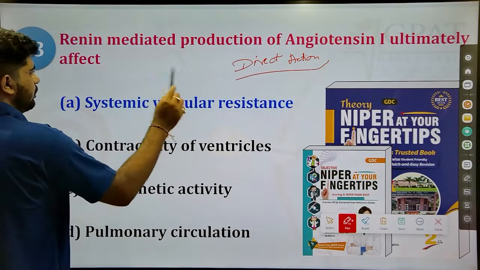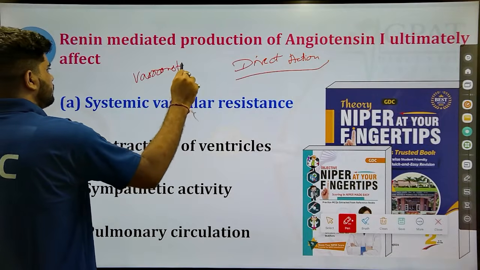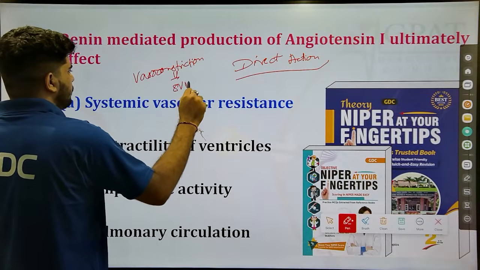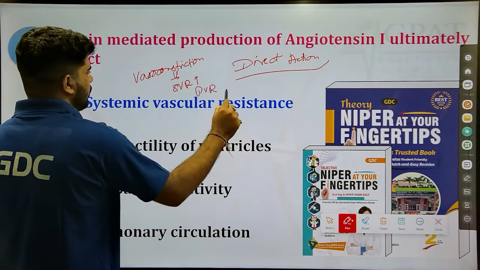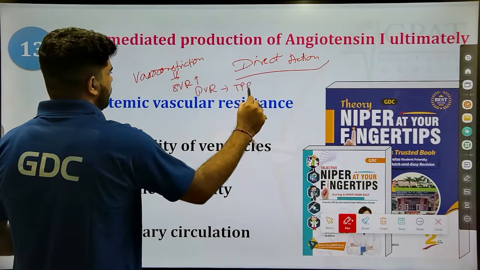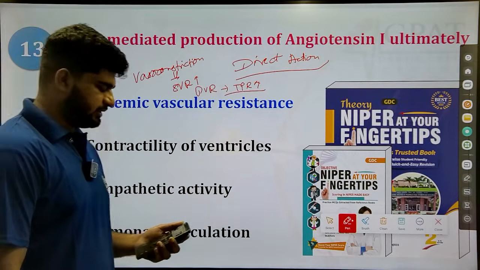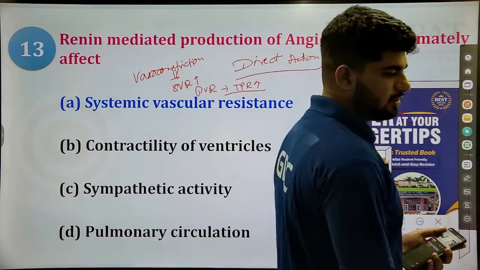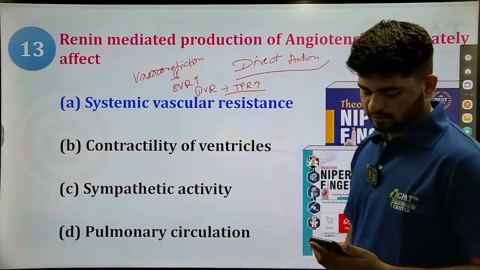That will be your vasoconstriction, and once the vasoconstriction takes place, SVR is going to be increased. SVR, or you can say PVR, or TPR, whatever it is: systemic vascular resistance, peripheral vascular resistance, total peripheral resistance, that is going to be increased, and ultimately your BP is also going to be increased, right?